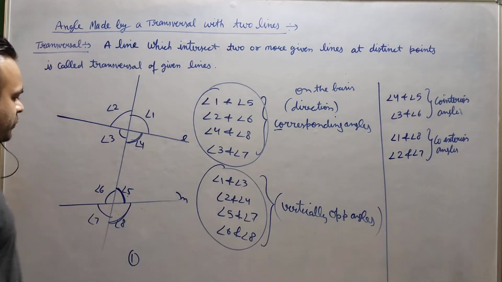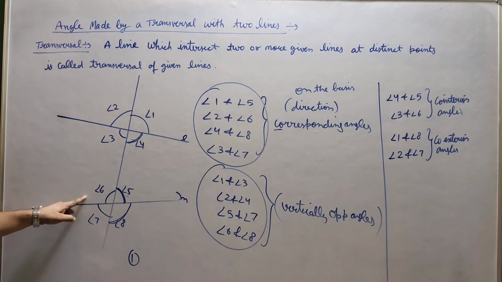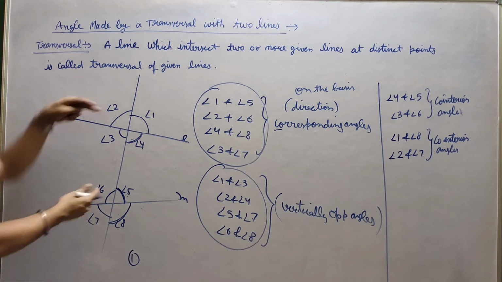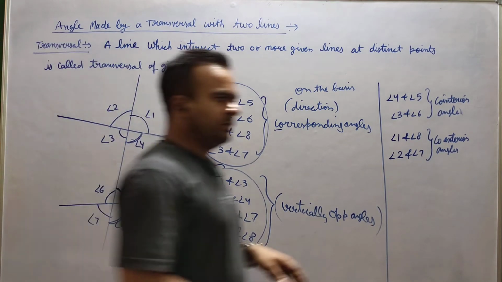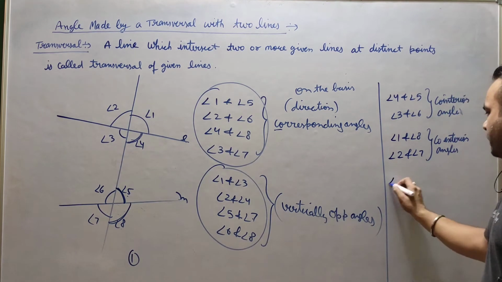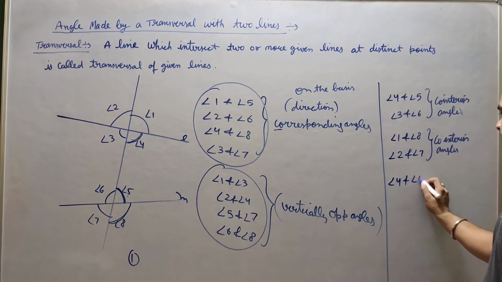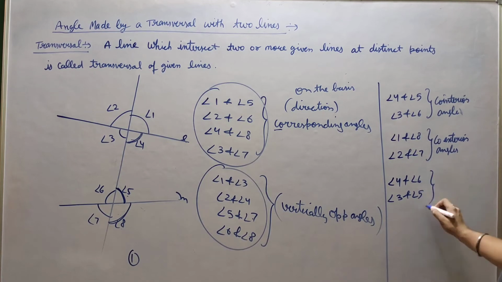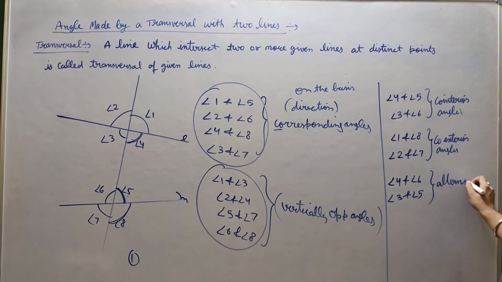Now I am coming to this one. If I say angle 4 and angle 6, what is the name of this group? This is on a different side, this is on a different side, but they are in the interior. That is correct, one thing is matching. So angle 4 and angle 6, angle 3 and angle 5, we will say alternate.